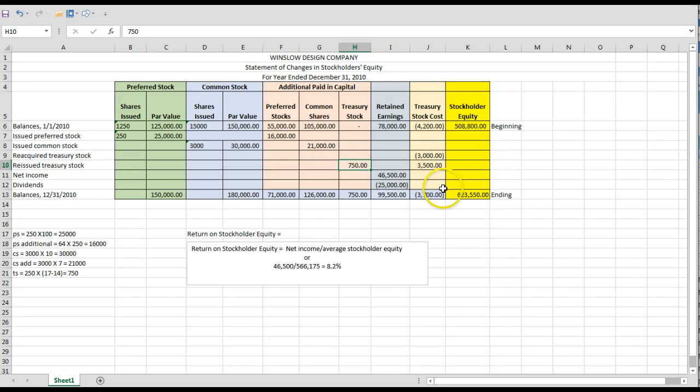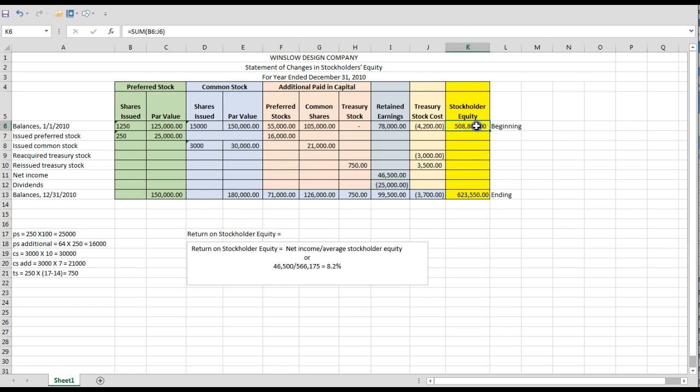And then finally, it tells us we have an after-tax net income of $46,500, and then we have dividends that are going to be deducted from retained earnings. So now all we have to do is add this up.